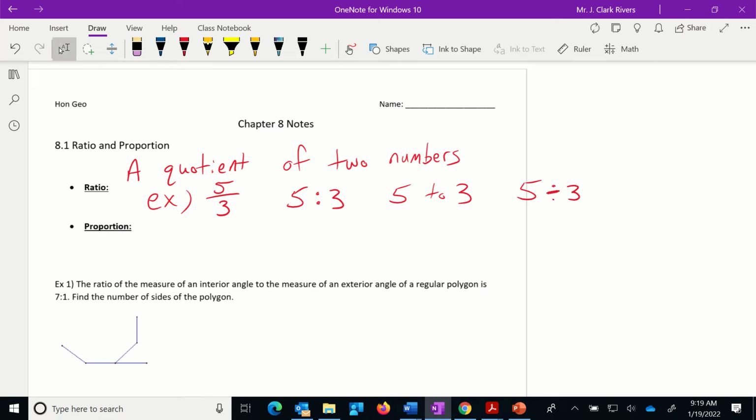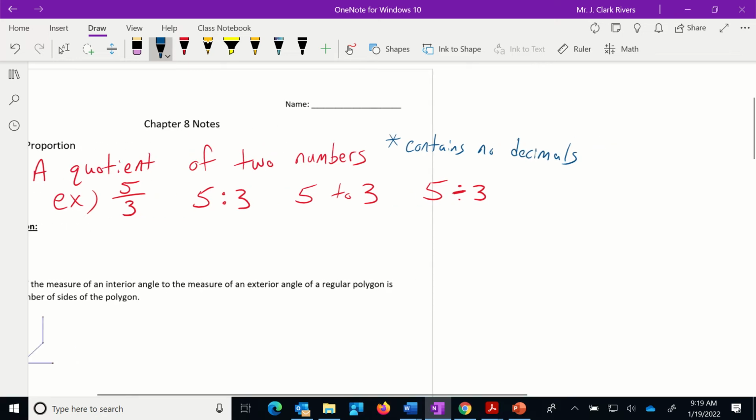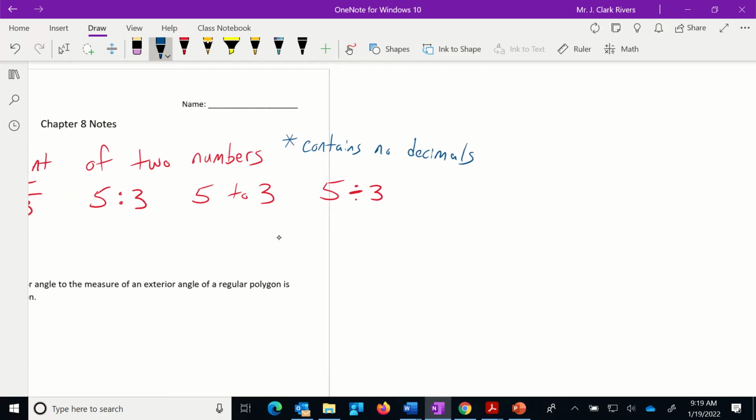Okay? All right. Now, a simplified ratio contains no decimals. By that I mean if you had like 2.5 over 5, you wouldn't report the ratio like that.